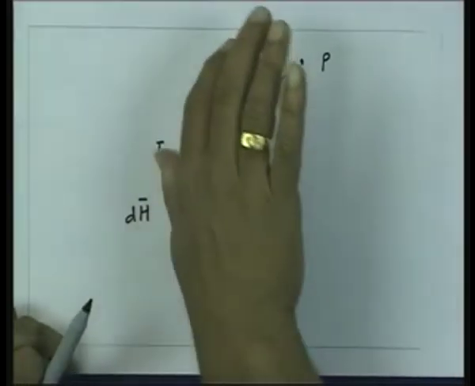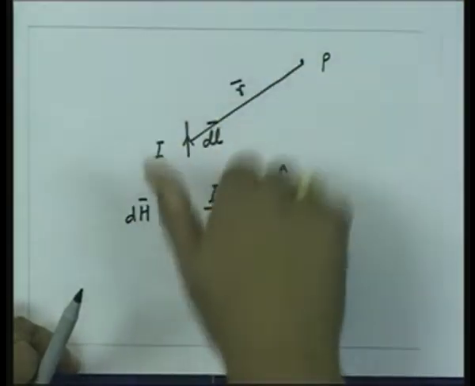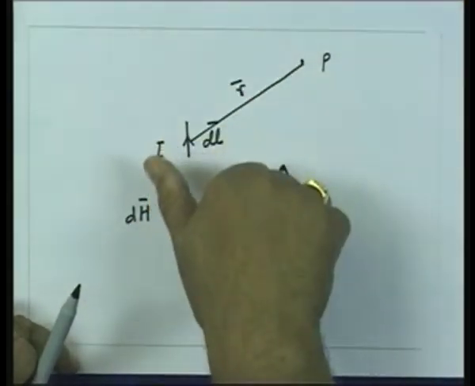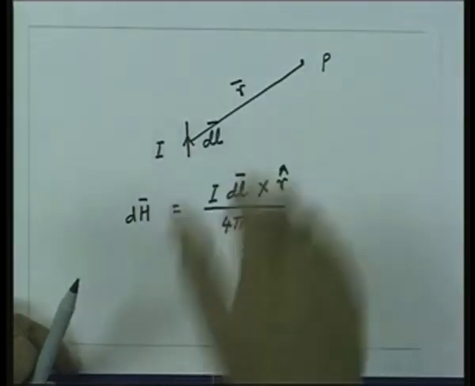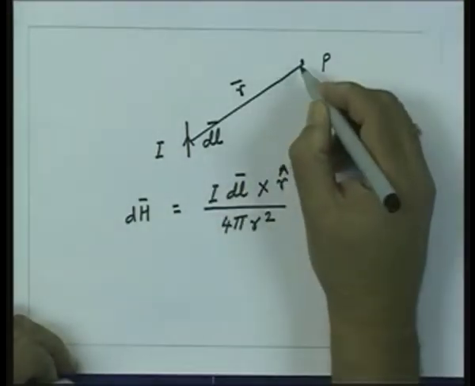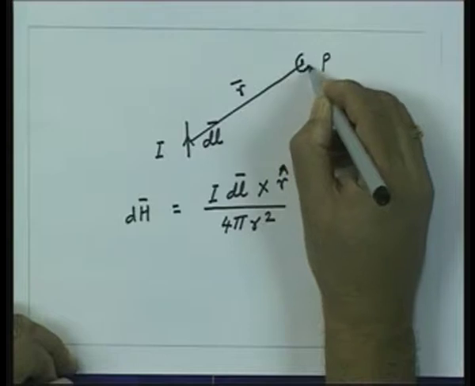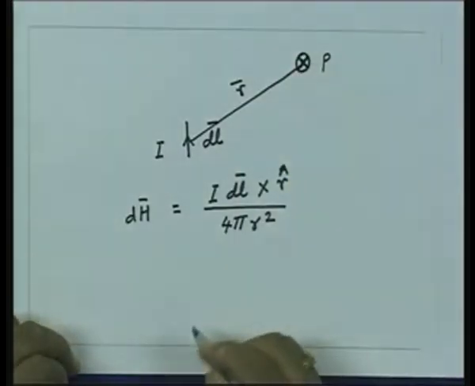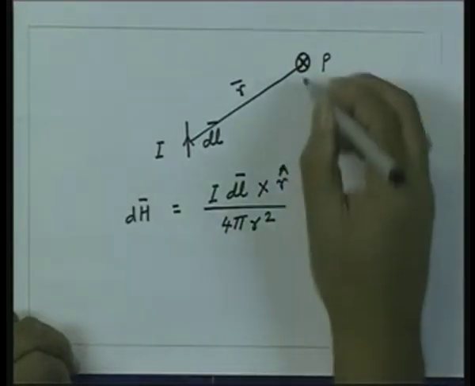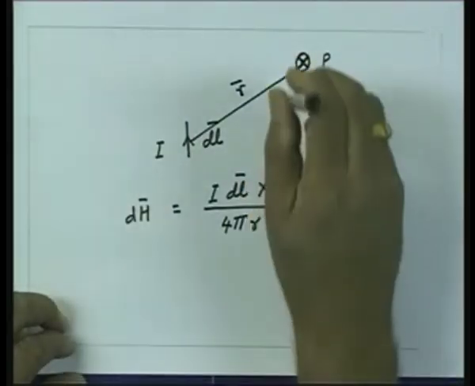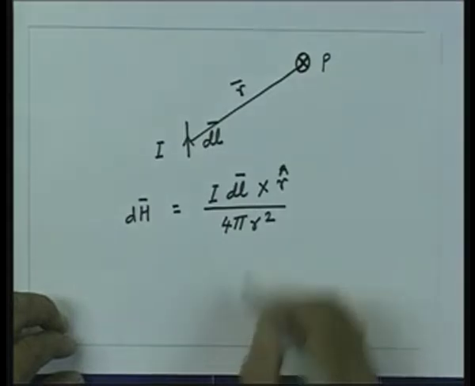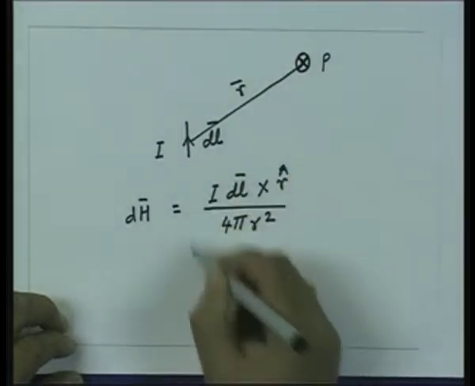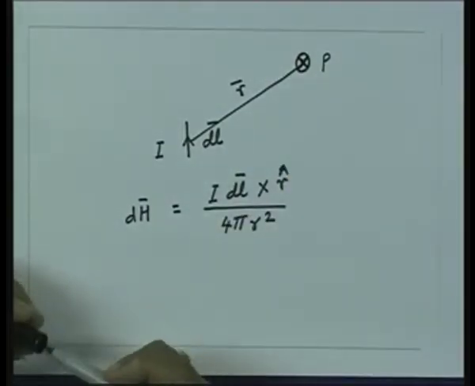So, if I apply the right hand rule, the dl cross r gives me a direction which goes inwards the paper. So, at this location the magnetic field will be going inside the paper, which we denote by the cross. So, the direction of the magnetic field is inside the paper at this location, and the magnitude is given by the magnitude of this expression.